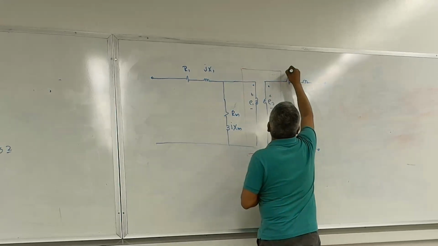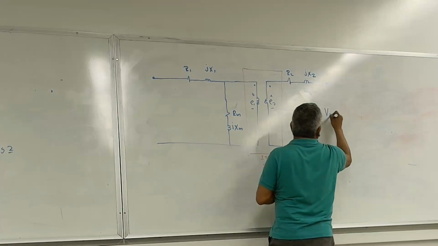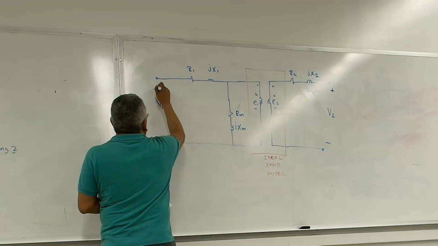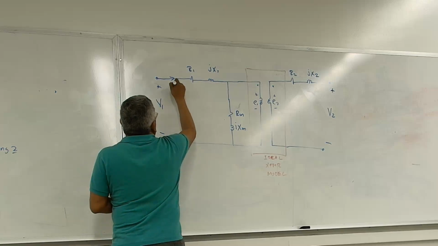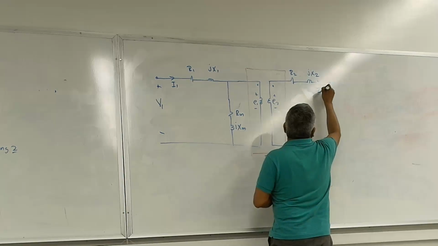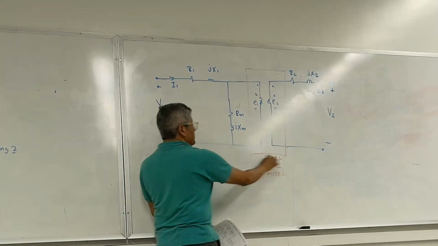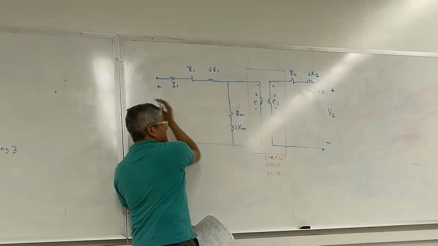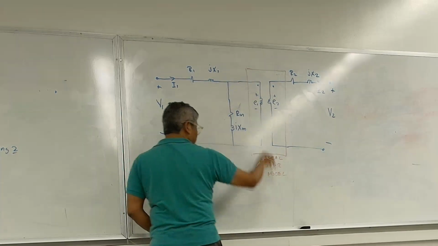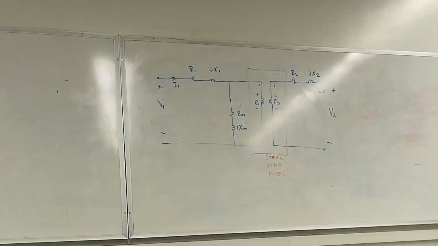We're going to call this R2, JX2, V2 plus minus, V1 plus minus. This is I1, this is I2. So to the ideal transformer, we added these impedances and those impedances.